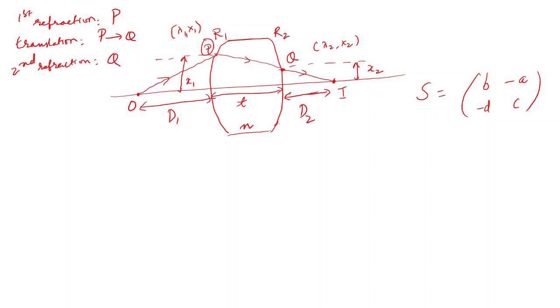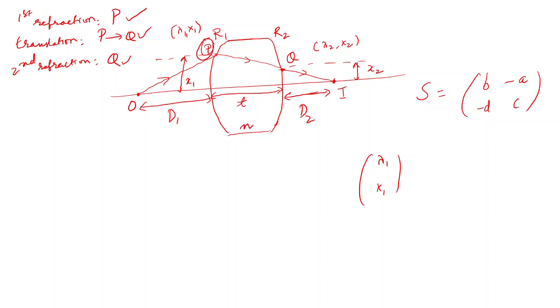So we know the matrices for the first refraction, we know the matrix for translation, and we know the matrix for second refraction. So we can derive the system matrix by simply multiplying in the order in which these happen. So first, the first refraction happens. So I initially have my coordinates as lambda 1 x1.